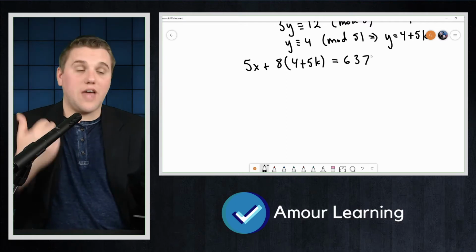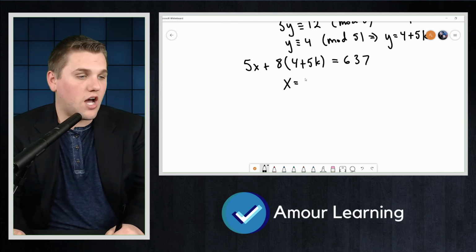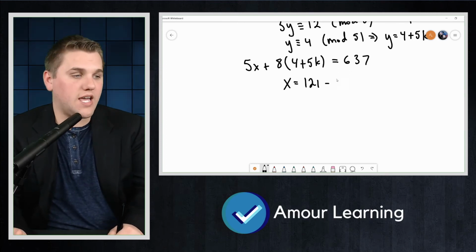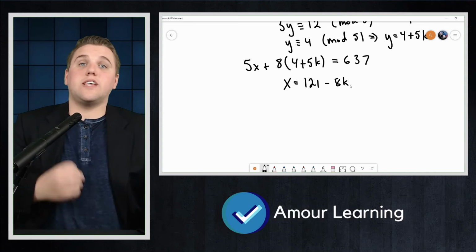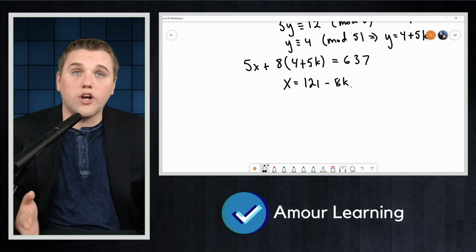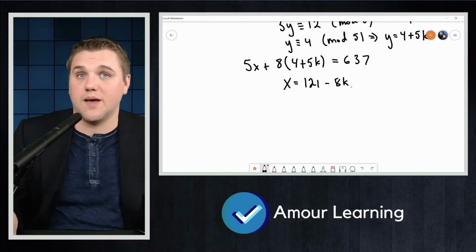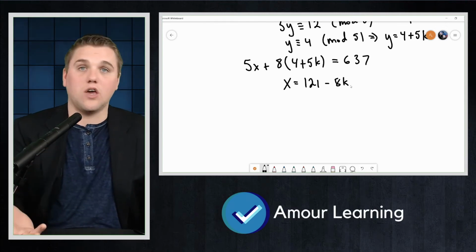Okay, so that means that x equals, in terms of k, 121 minus 8k, if you do the algebra there. This says that one way to make $6.37 is to take 121 of the 5-cent stamps and 4 of the 8-cent stamps. That's just if you pick k equals 0.